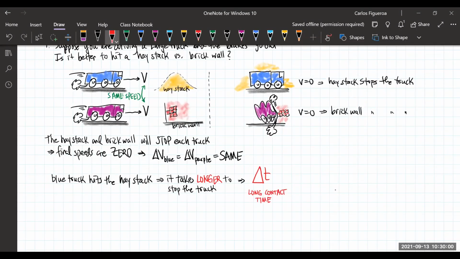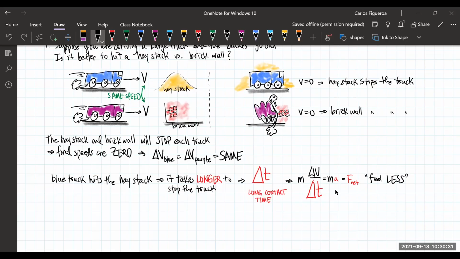So what does that contact time tell us? Well, if I have a long contact time, then according to Newton's second law, I must have a small acceleration. So therefore, the net force that they feel is going to be what?